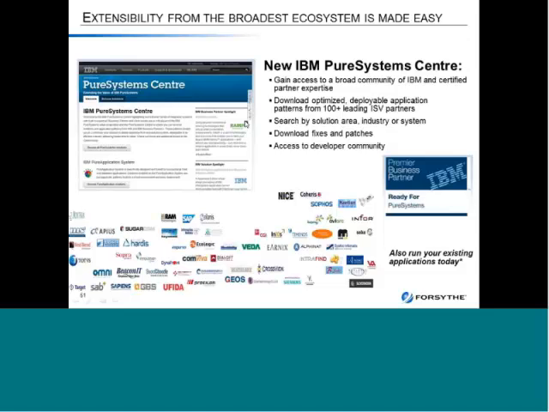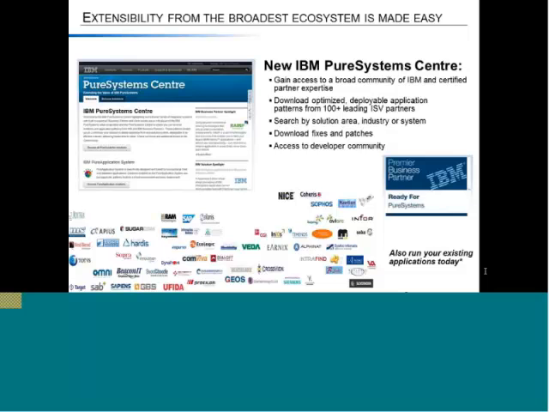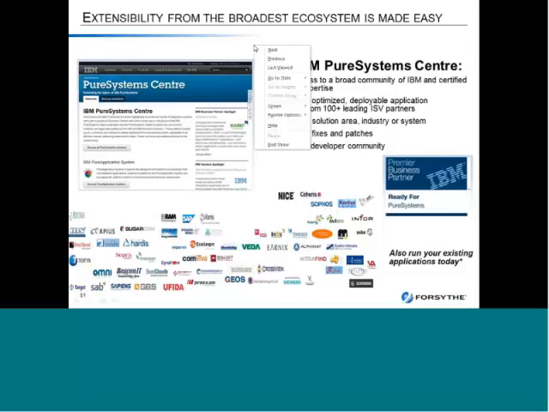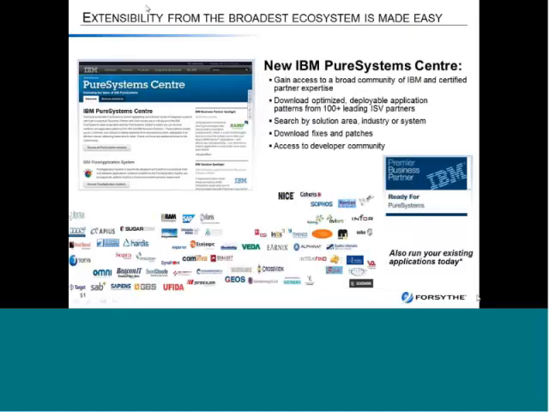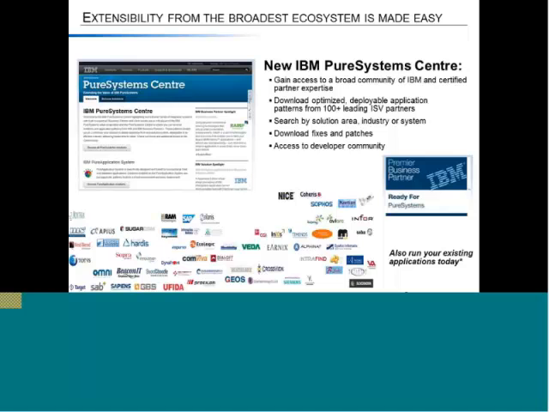This slide shows the patterns of expertise that are available through the Pure Systems Center. It shows all of the ISVs that are enabling applications for the platform and developing patterns and appliances for quick and easy deployment.